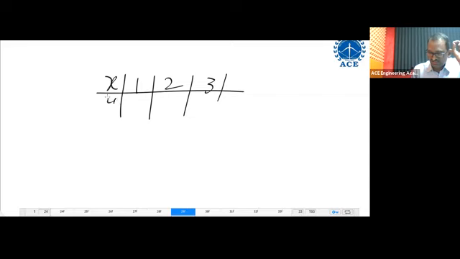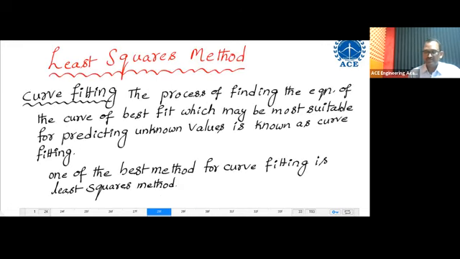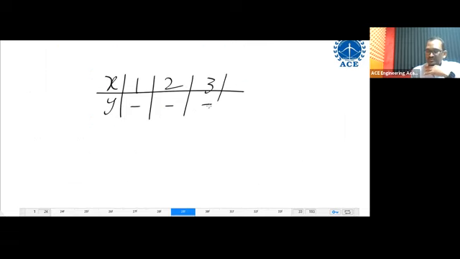By using x values, you must be able to find y values. Finding the values of unknown values, y values in the example, by using x values, that is called curve fitting. Simply estimating the unknown values of one variable y from known values of other variable x.